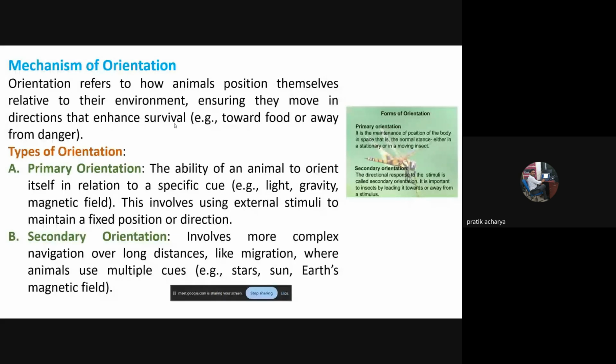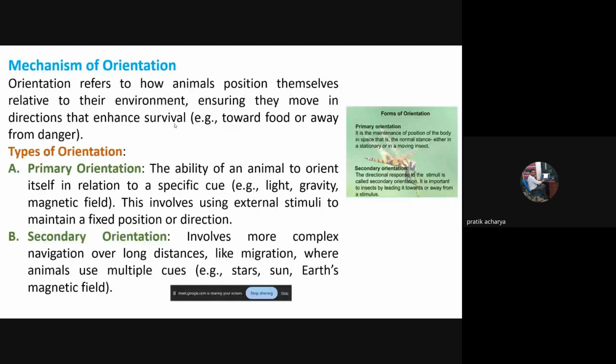If you have to move, you have to position yourself. If an organism has to move, the organism has to position himself. So for any purpose, migration or locomotion, might be for food, might be for movement away from the predator, any kind, organism's orientation is very important.